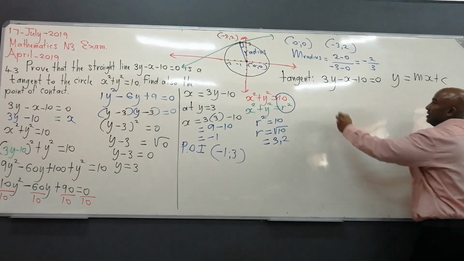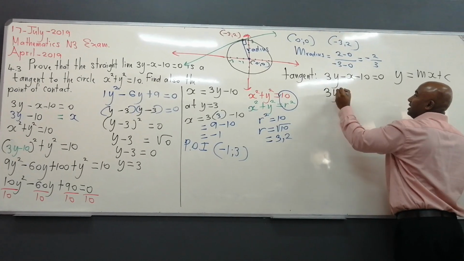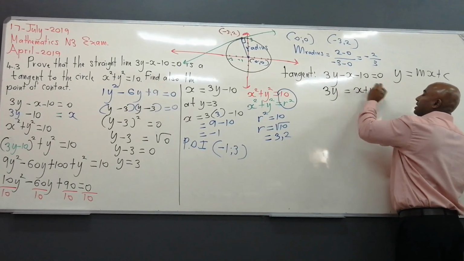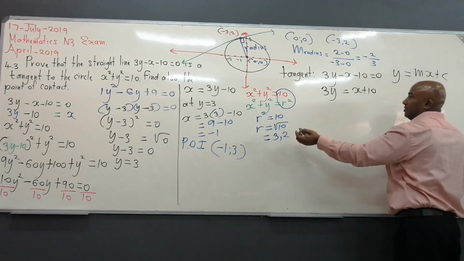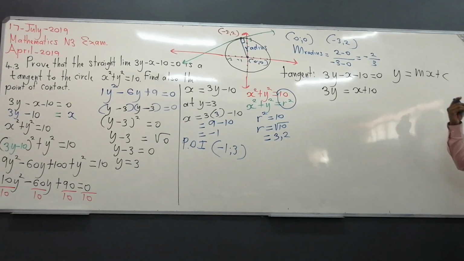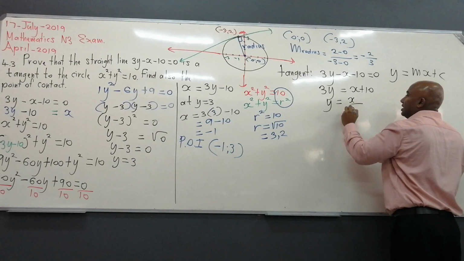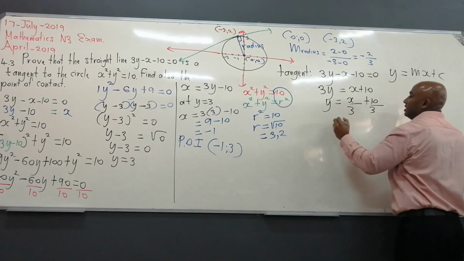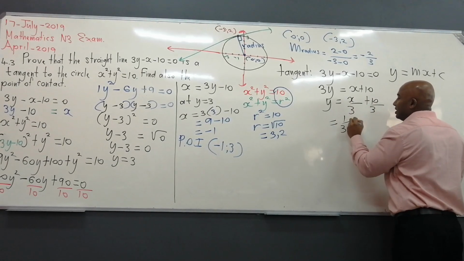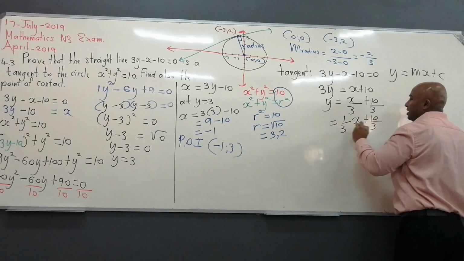Okay, so 3y is equal to x plus 10. Now, just divide by 3. So y is equal to x over 3 plus 10 over 3, which is the same as 1 over 3 x plus 10 over 3.